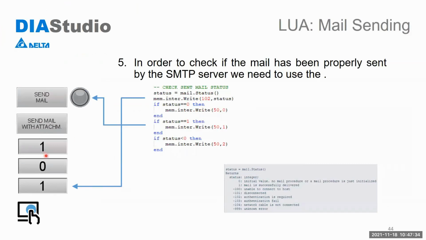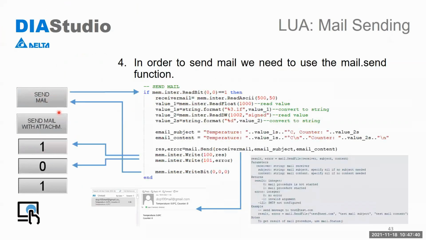So when I click on the same mail, let me go back here. When I click on the same mail, at the moment I execute the mail.send, we will see here the res. Okay, so it will be 0 at the beginning and 1 when it starts to send the mail to the server. And the error, also returned by this function, will be shown in this second value here.